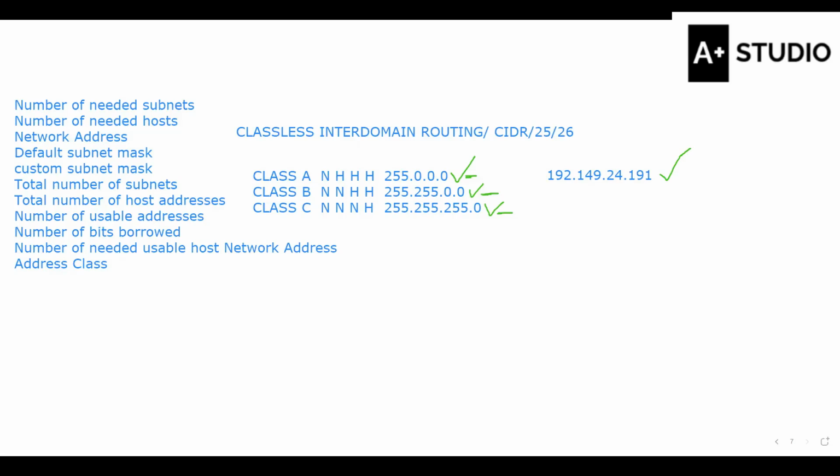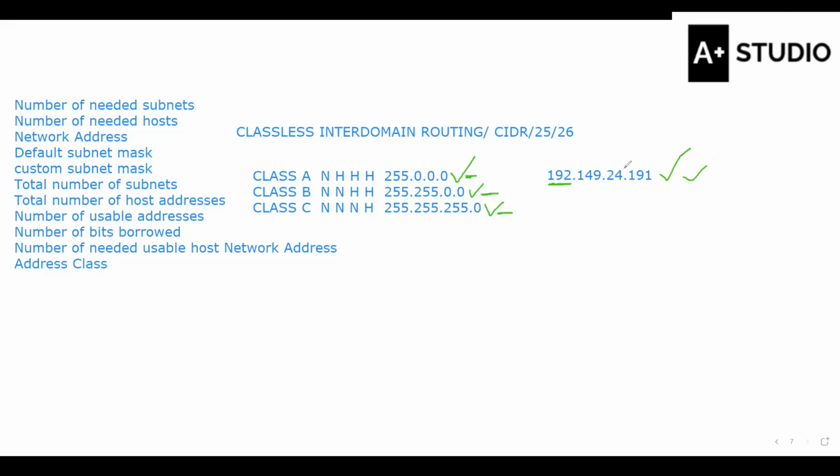Because it is a Class C IP address, because the first octet ranges from 192 to 223. So 192 can be found there. So this is correct for a Class C network. So we've been able to identify this particular network. Okay. So let's have a look.